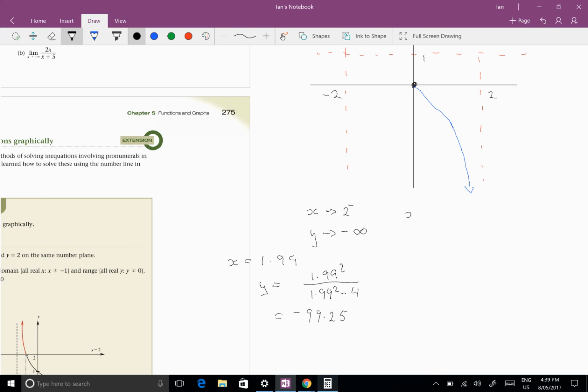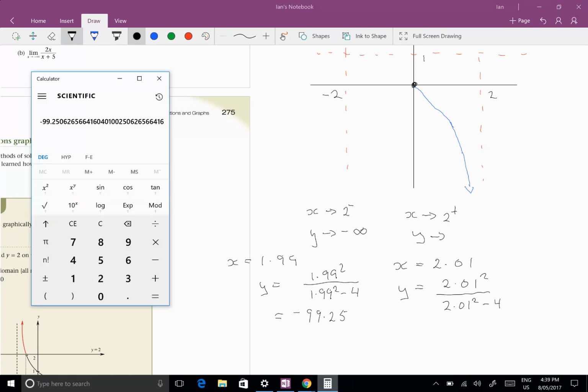Well, what about as x approaches 2 from the positive side? What does y approach? Well, let's try x equals 2.01. And that means we're going to put y equals 2.01 squared over 2.01 squared minus 4.